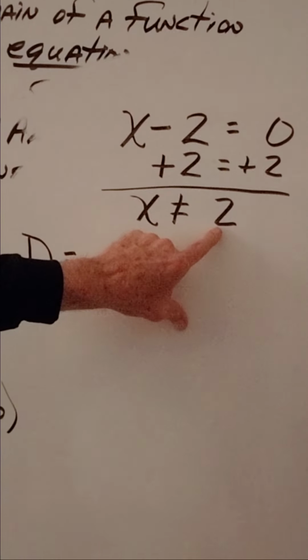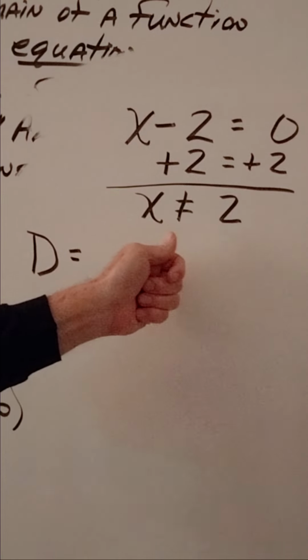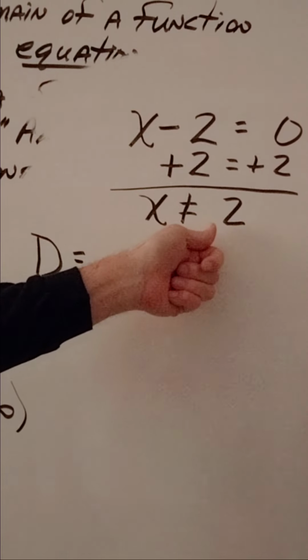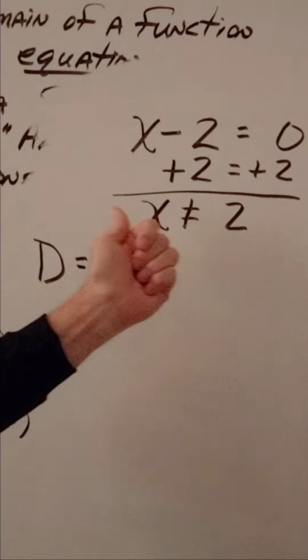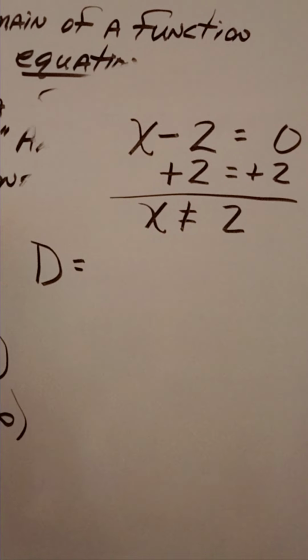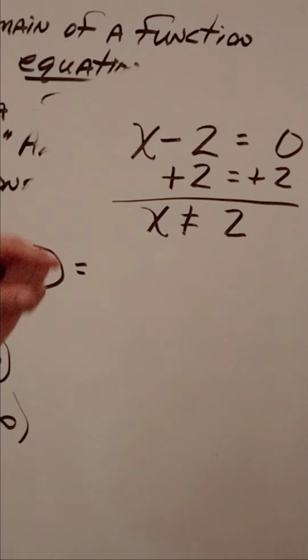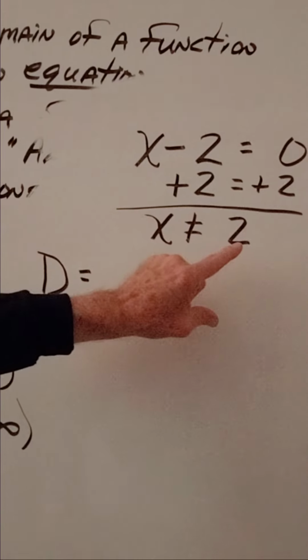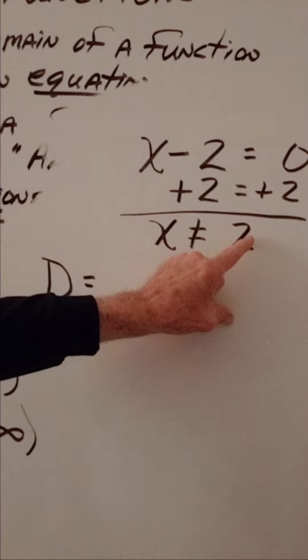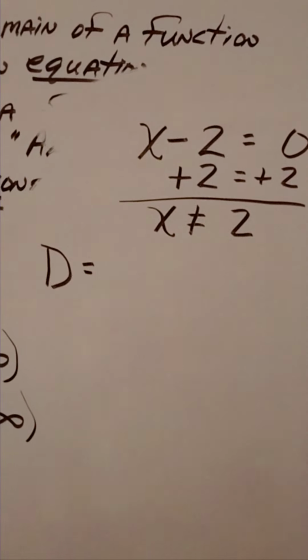It can't be 2, but it can be any real number less than 2 or, that's going to be a key conjunction, or the domain can include any real number greater than 2.